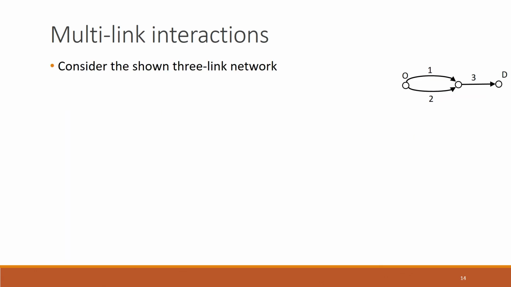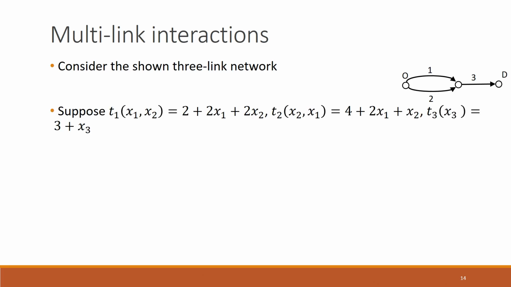Let us now consider the shown 3-link network here. We have just made some modification in the travel time functions of these links. The travel times of the first two links have different expressions now. For the third one, it is the same.